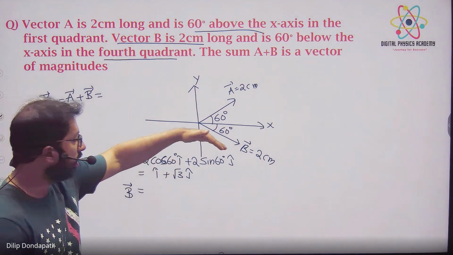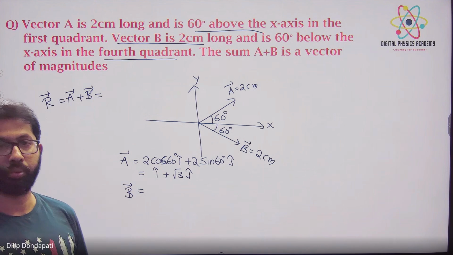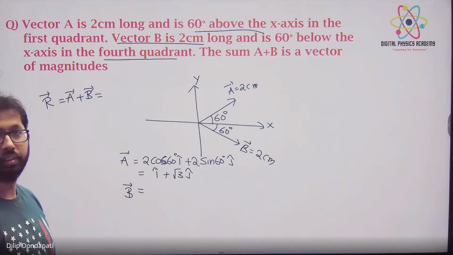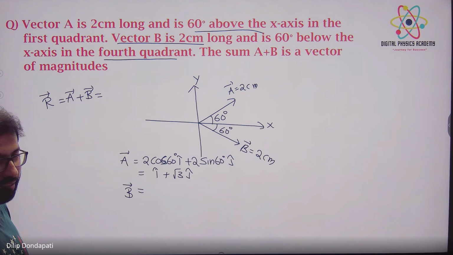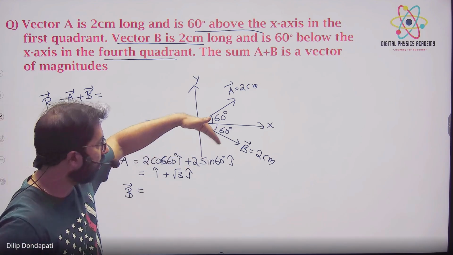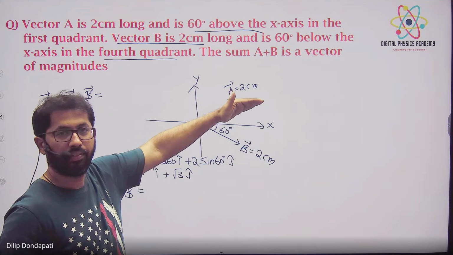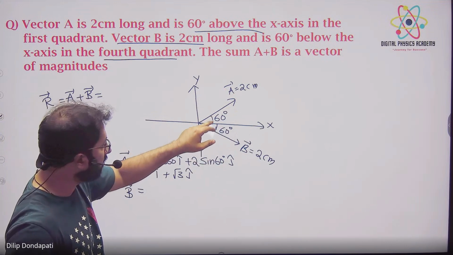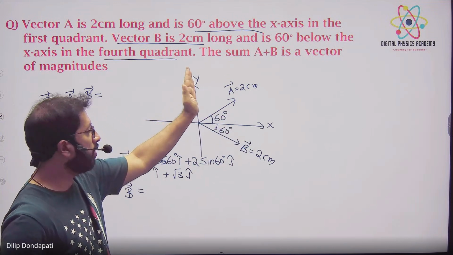Now B vector, also I want in the x direction, y direction. Component split करो. Wherever theta is there, उस तरफ cos आएगा, इस तरफ sin आएगा. Always देखो, theta is there इस तरफ x axis का, so उस direction में cos, perpendicular component is sin.